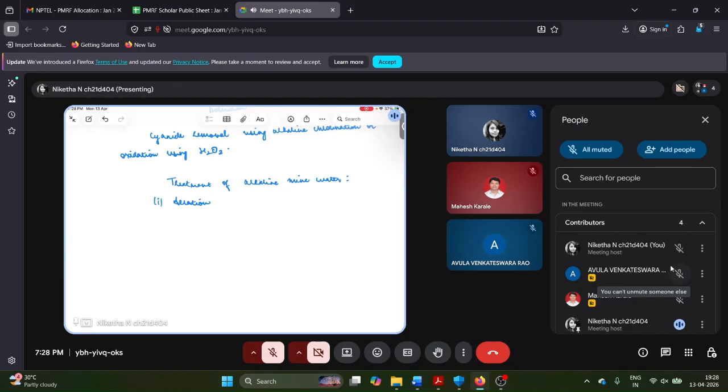If sufficient air is provided, then iron and manganese will get oxidized and form precipitates, and then they can be separated. So aeration is especially used for precipitation of dissolved manganese and iron.